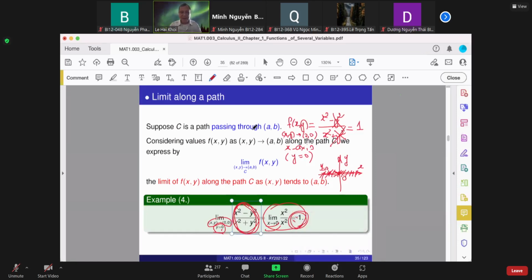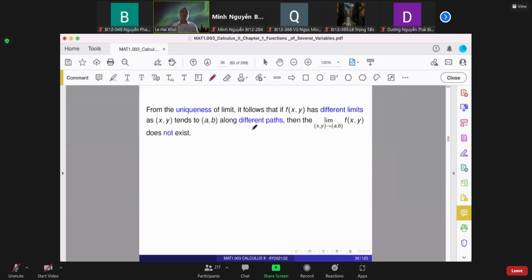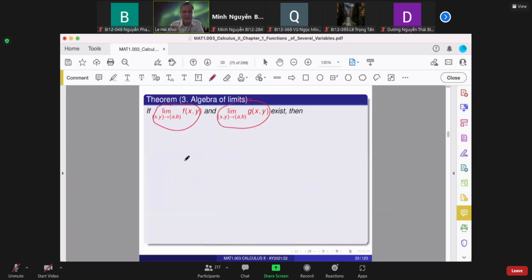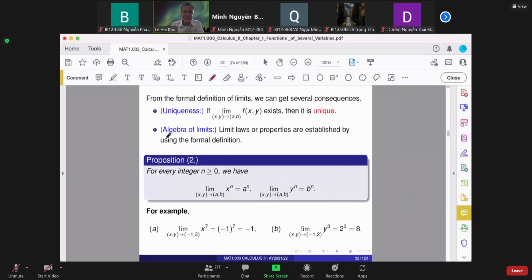Limit along a path. So here, remember, we already talked about the fact that if the limit of a function of two variables exists, then it is unique. Which means the limit, if it exists, is only one value, cannot be more than one value.